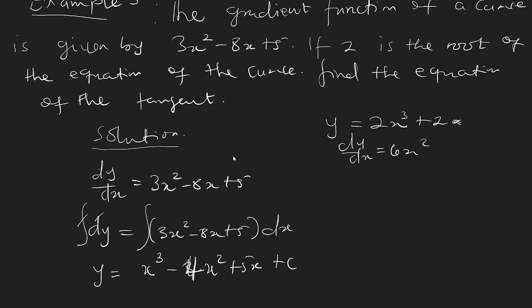Now, the question said that 2 is a root of the equation of the curve. If 2 is a root of that equation, it means that when I substitute 2 into the equation, it should give me 0.